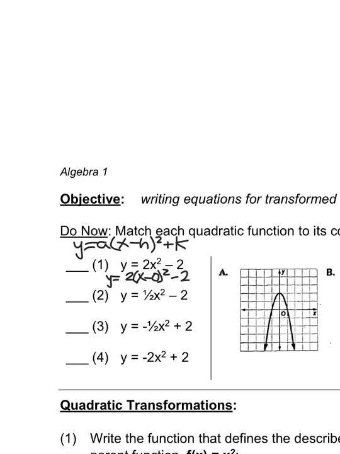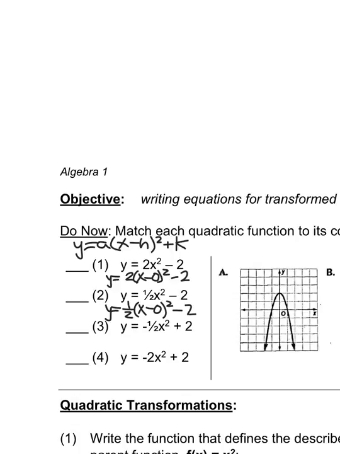That's because there's nothing paired with the x before it is squared. If I had an x minus 1 squared, then I'd have an h value. But here, the h value is assumed to be 0. Just like in number two, it'd be y equals 1/2 x minus 0 squared minus 2.